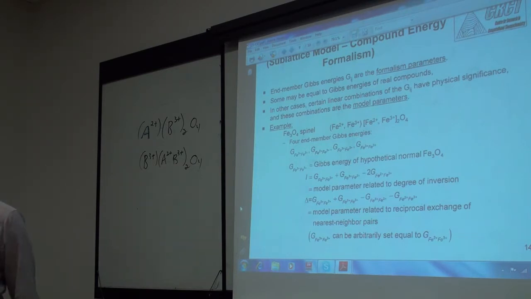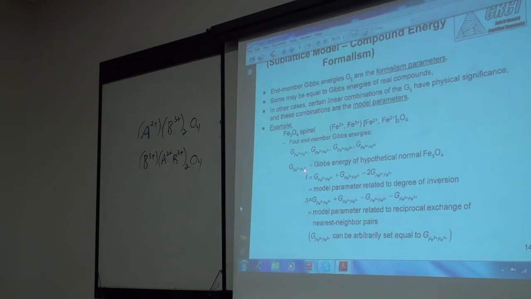We have a number of papers on this, one on spinels by myself and Sergei Dektorov. If you're into this, you might want to read it. But we have the 4 end members. So let's look at Fe3O4 spinel. This is a mixed spinel, so the iron 2 plus and 3 plus can go on both sites. You have 4 end member Gibbs energies, Fe2 plus, Fe2 plus, and so on.